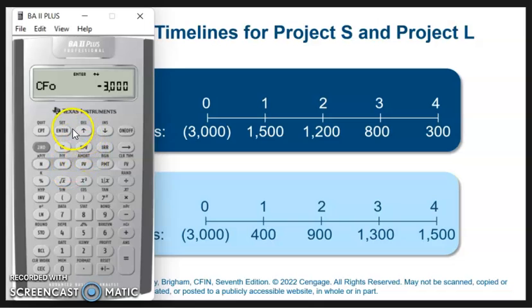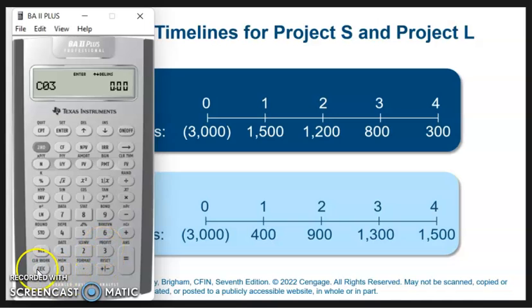So that's CF0 is 3,000, a negative, and then C01 400. Enter, and down arrow twice. Cash flow 2 or C02 is 900. Then go down twice. Then C03 is 1,300.